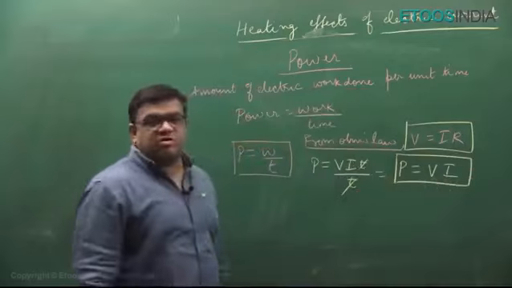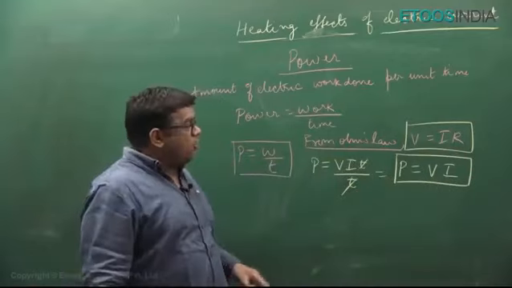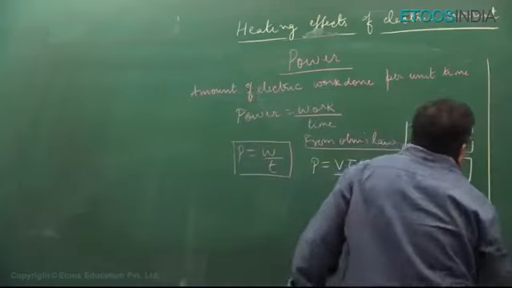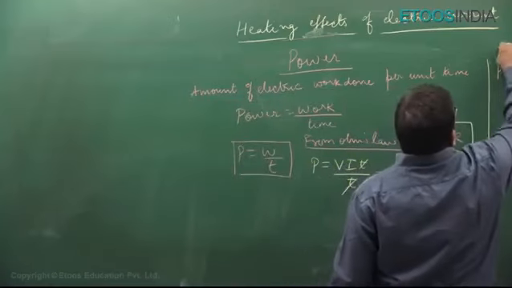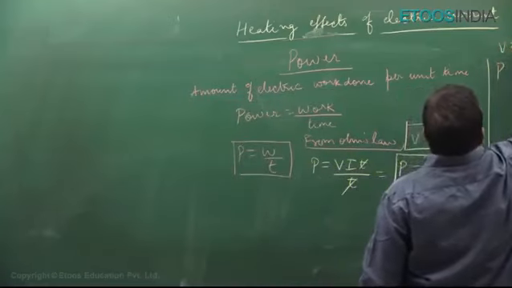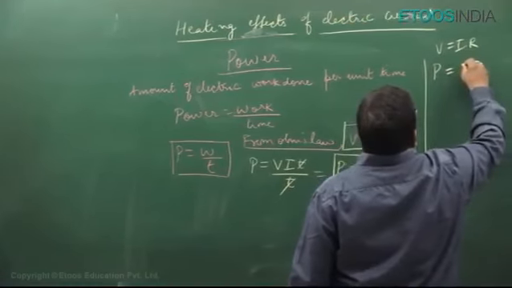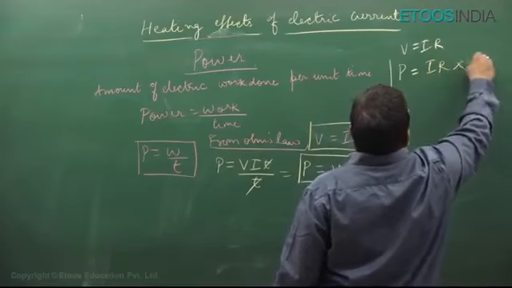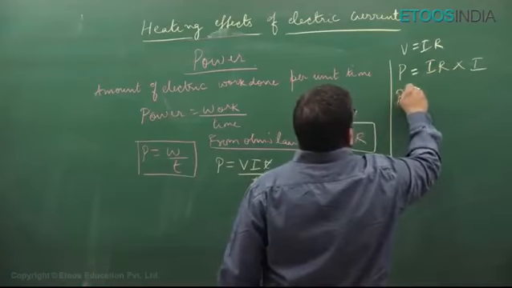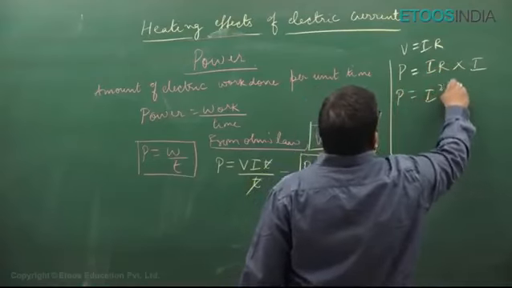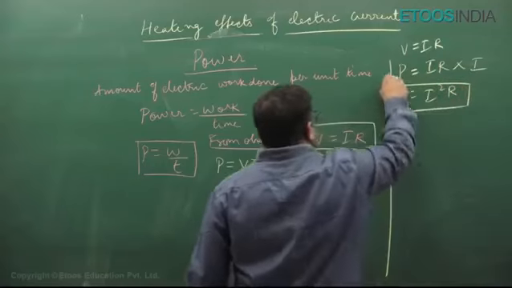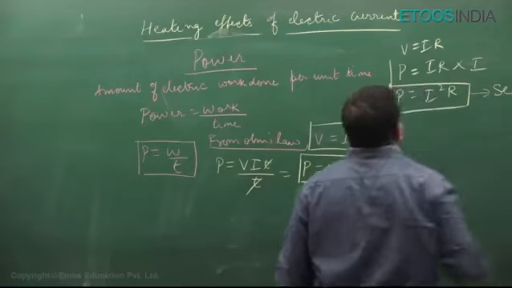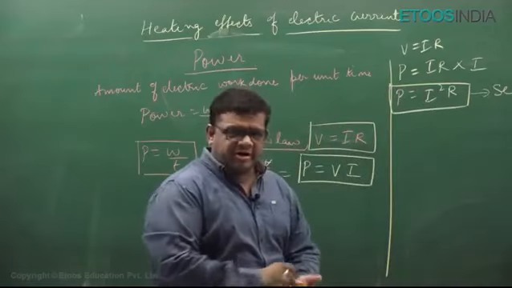That is power is equal to V into I. Now, by putting the values from Ohm's law, if V is equal to IR, then P is equal to VI, that is IR into I. The answer becomes I square R. And this is used in series, of course. Got it?